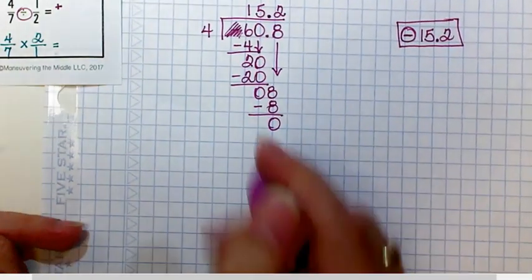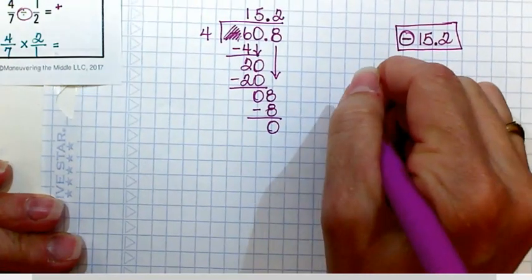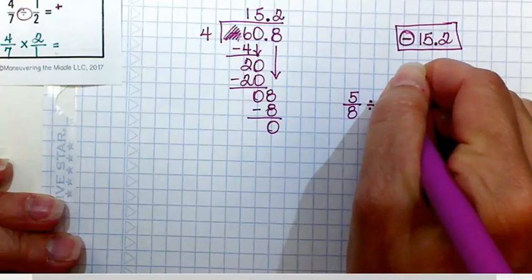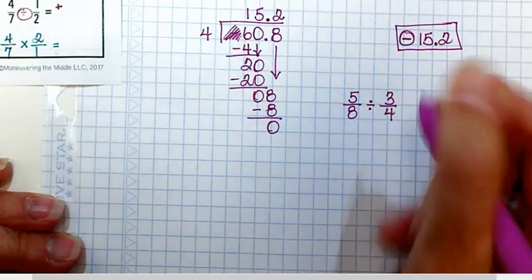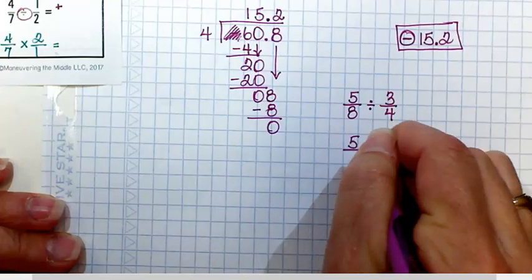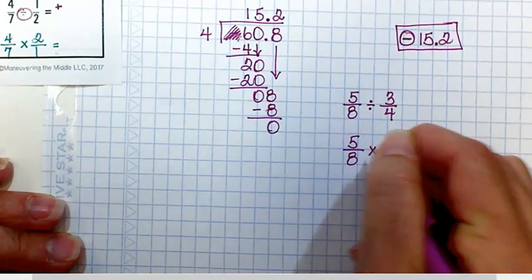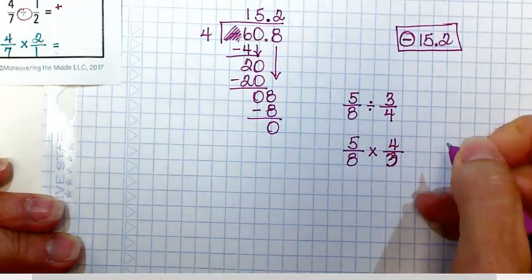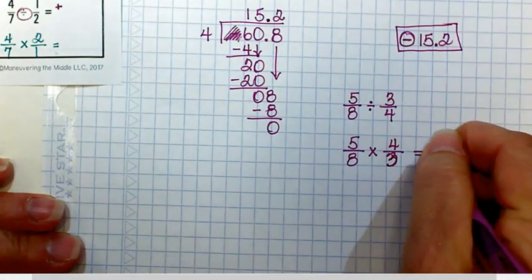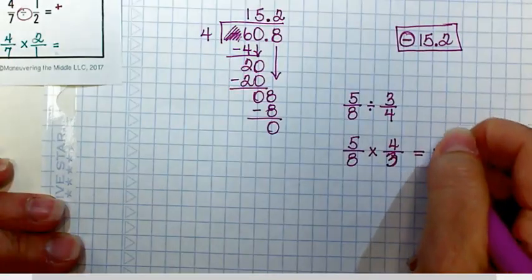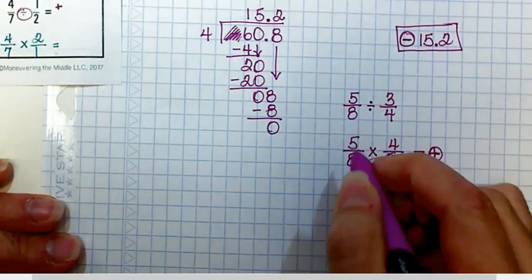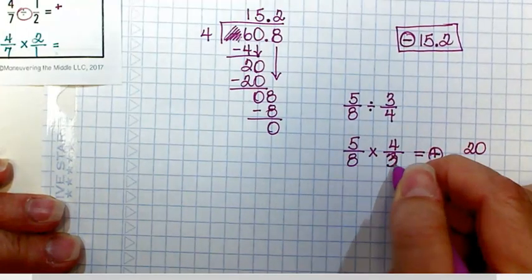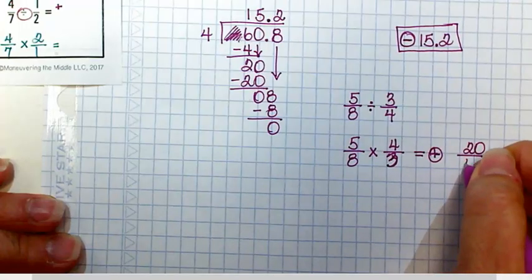All right, next one. 5/8 divided by 3/4. You're going to keep the first, change the sign, flip the second, 4/3. All right. Positive and positive, so our answer will be positive. I really don't even have to write that. 5 times 4 is 20. 8 times 3 is 24.